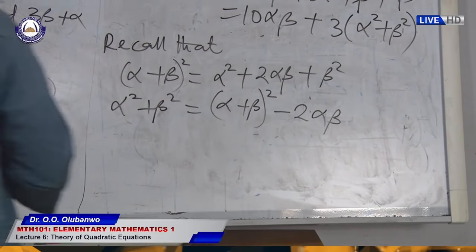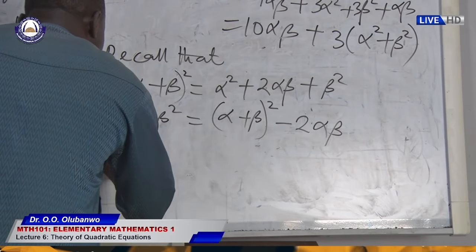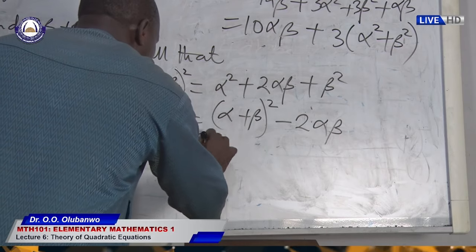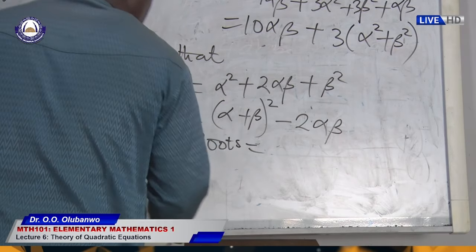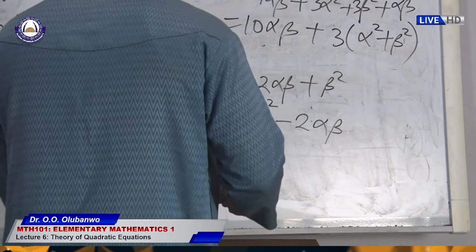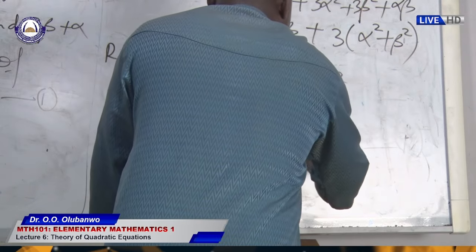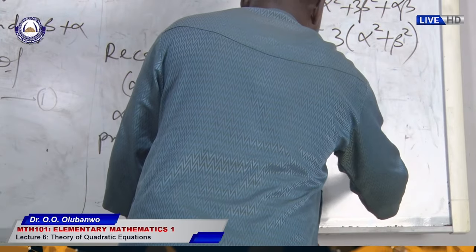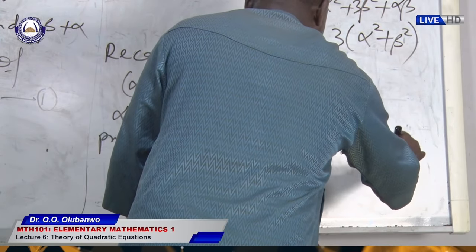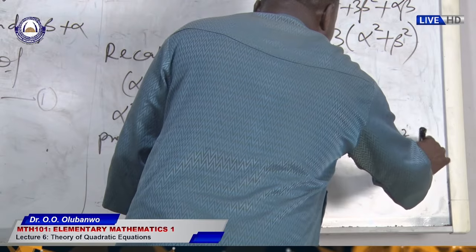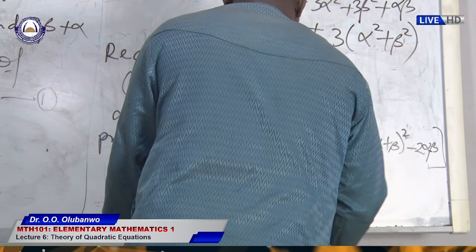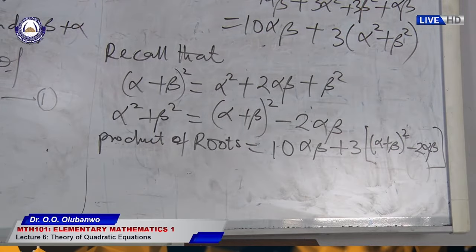Therefore, the product of roots equals 10 alpha beta plus 3 into brackets alpha plus beta all squared minus 2 alpha beta. That's the product of roots.